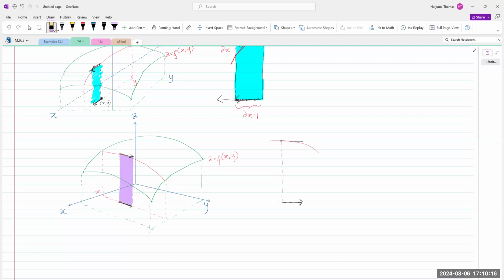What happened to the change of that, it's too flat. Let me change that. What happened to the tangent there? Okay.